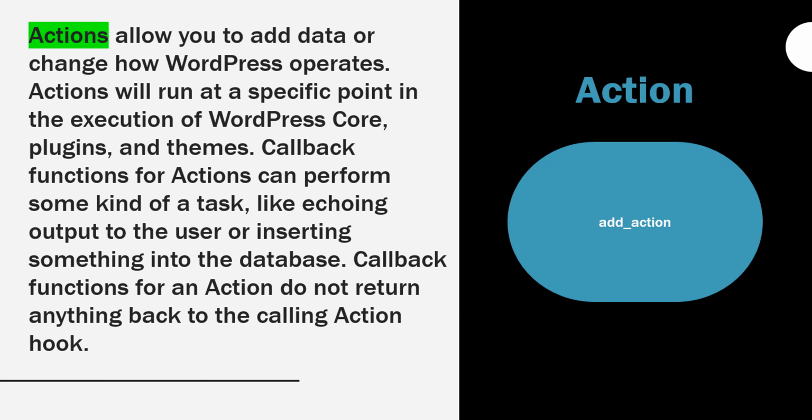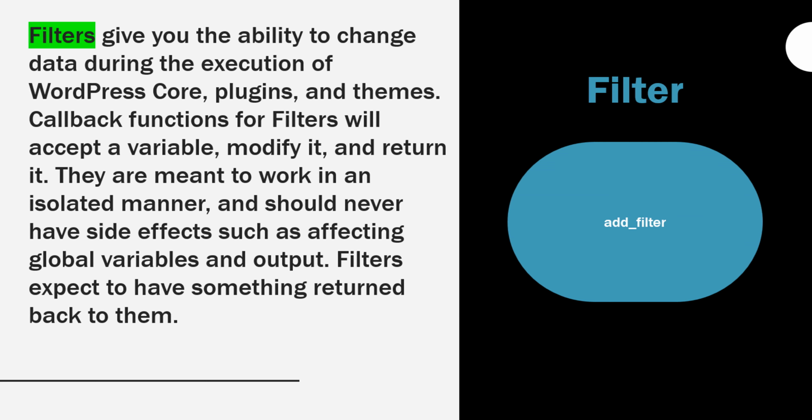We will see now the filters. For filters we also use add_filter. We will see it in practice in the next lessons. First of all, filters give you the ability to change data during the execution of WordPress core. It is the big difference between filters and actions.